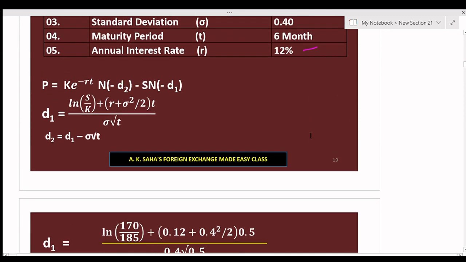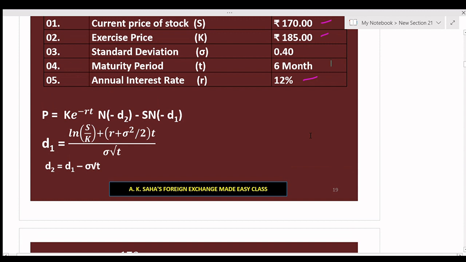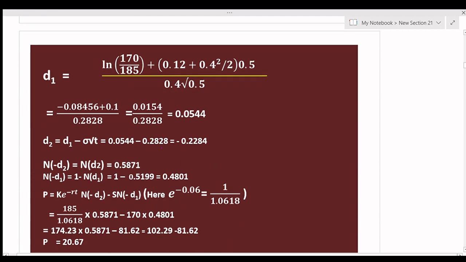Simply put the values: P is equal to K into e to the power minus RT into N(-D2) minus S into N(-D1). The D1 formula is the same, and when you put the values you will get D1 equal to 0.0544.